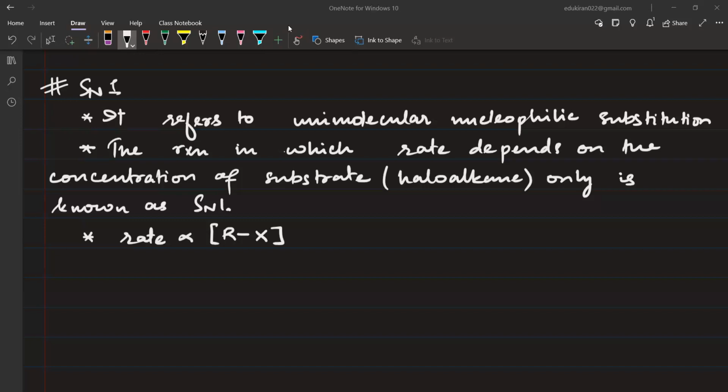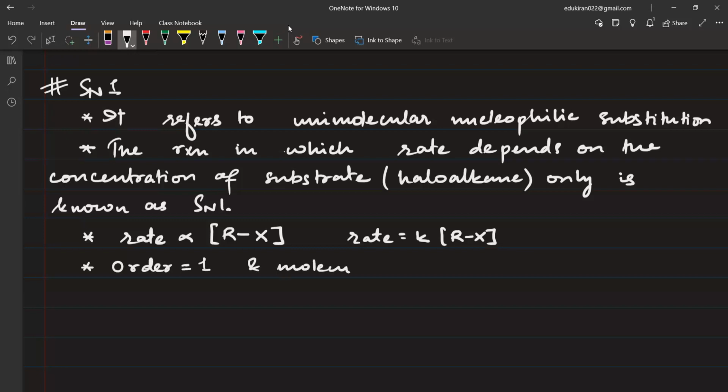And in order to remove this proportionality sign, I can write rate is equal to k into the concentration of R-X, the haloalkane. Now, in this case, the order is equal to 1 and the molecularity is also equal to 1.